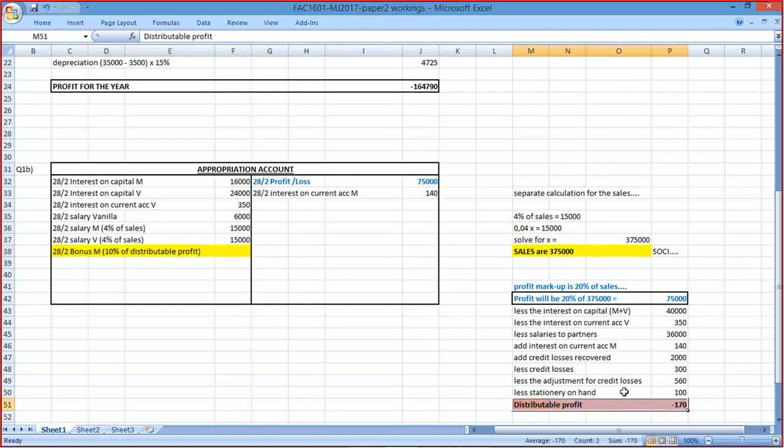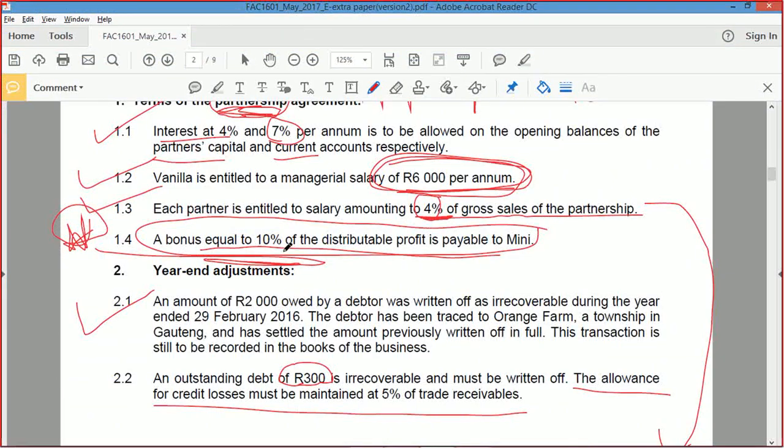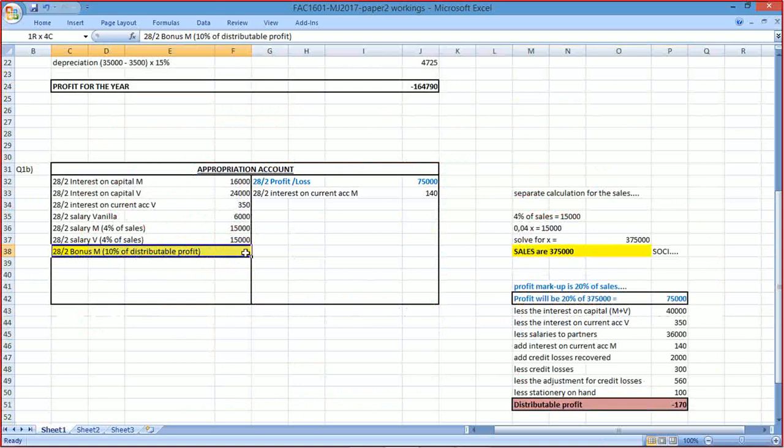10% of the distributable profit. There is no profit here in the question because it came out as a loss. So would they be entitled to a bonus here? No. A bonus equal to 10% of the distributable profit is payable to M, so the bonus to M I would put as 0, asterisk.